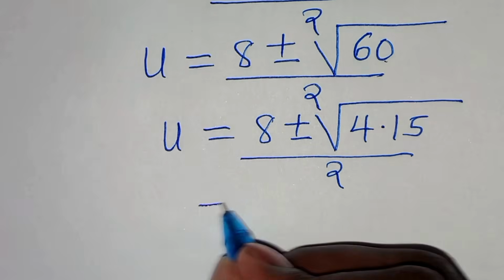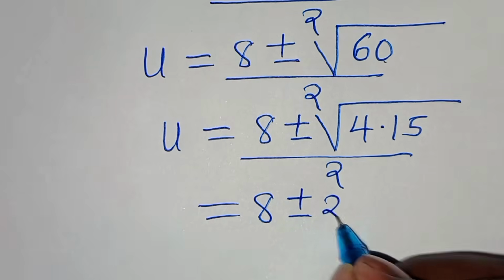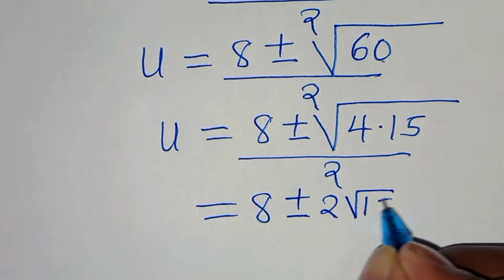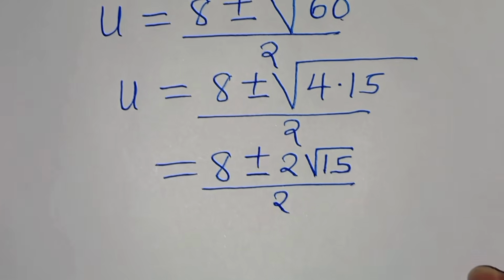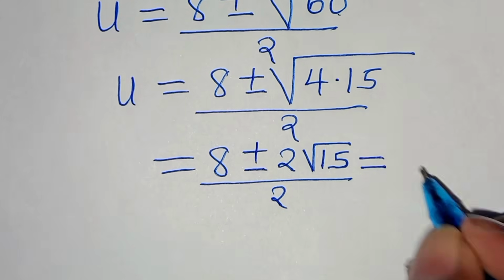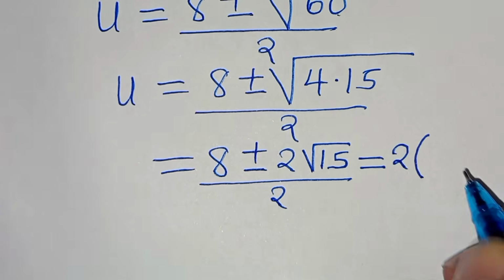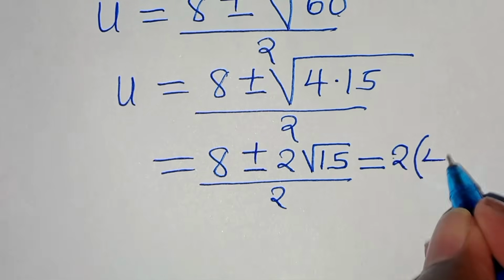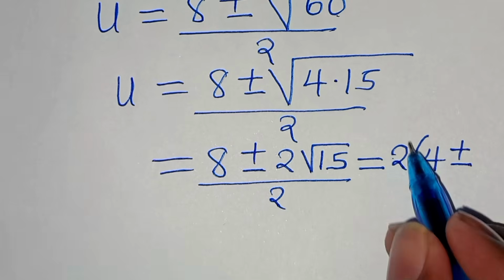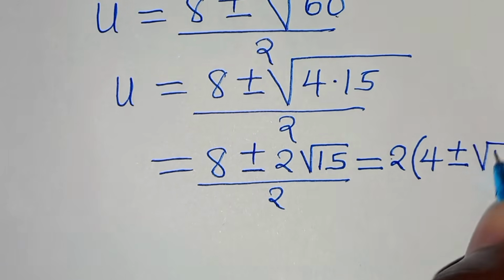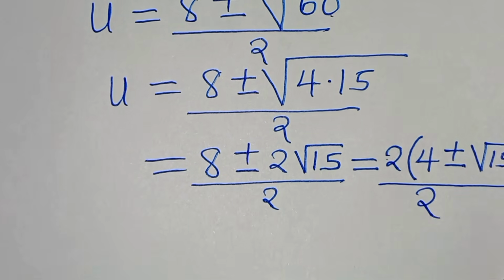So u is equal to 8 plus or minus the square root of 4, this is 2, then square root of 15, everything divided by 2. In the numerator, 2 is common, so we can factor out 2 into the parentheses: 8 divided by 2 is 4, plus or minus 2 square root of 15 divided by 2, this means we have square root of 15, close the parentheses, everything divided by 2.